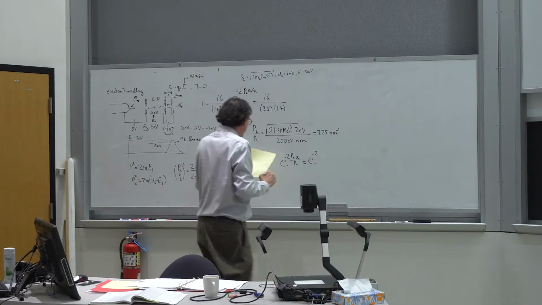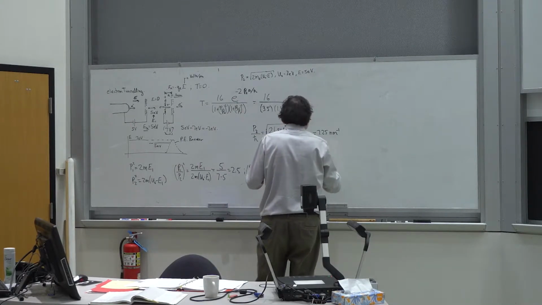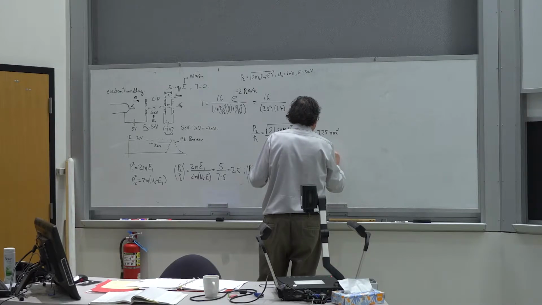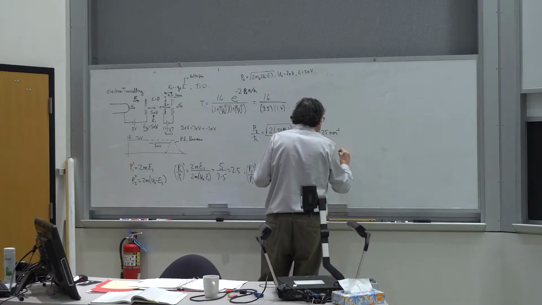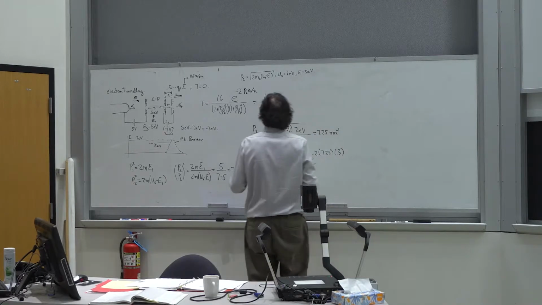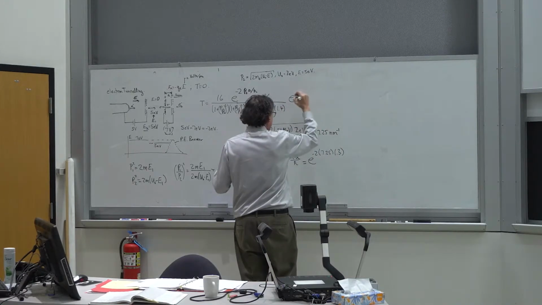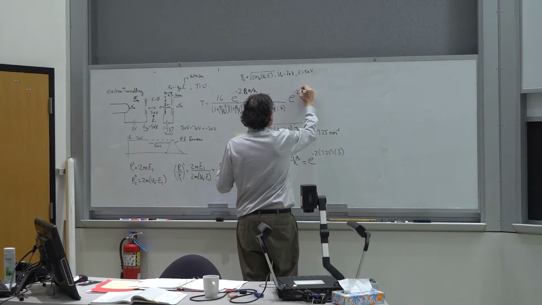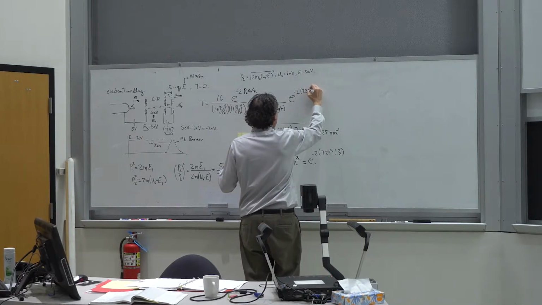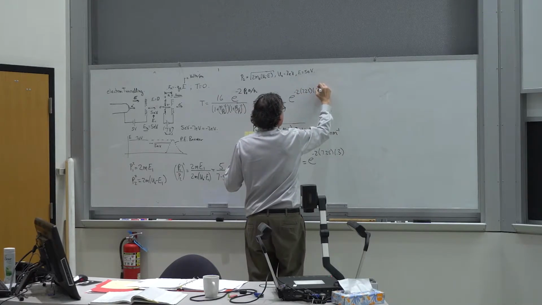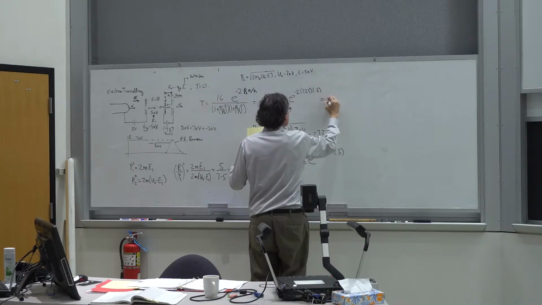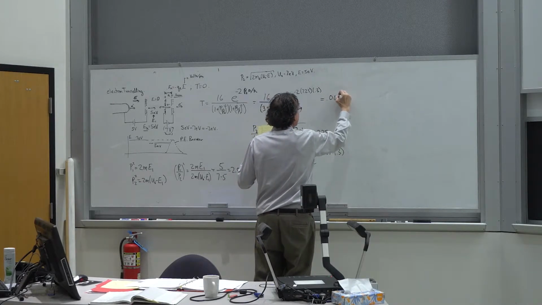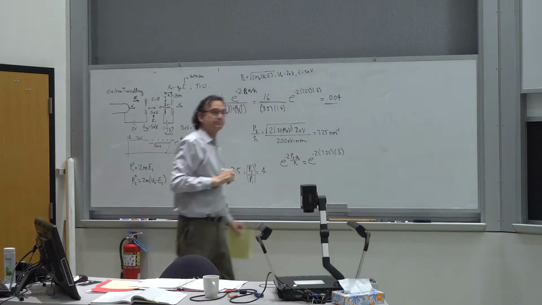P2 over h bar is 7.25, and the width of the barrier is 0.3. So putting in the numbers up here, I get e to the minus 2 times 7.25 times the width of the barrier, 0.3. And if I evaluate this, I get 0.004. And that's my answer. Okay?